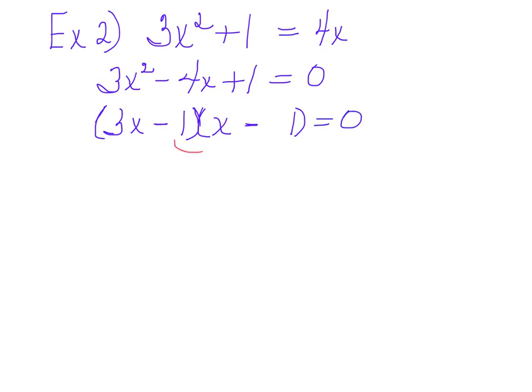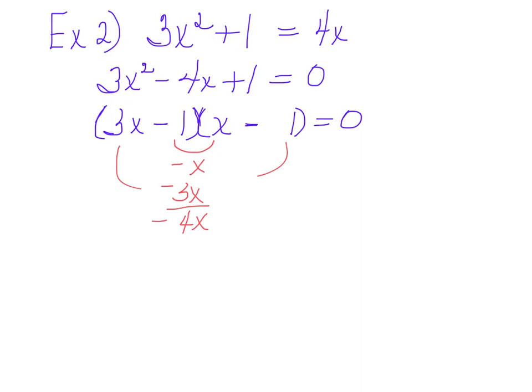In the middle, we'll get minus x. When we do the outer, we'll get minus 3x, which gives us a negative 4x in the middle that we're looking for. And we do last times last, we get a positive 1, which is what we have up top. And we do first times first, we get 3x times x, which is 3x squared.